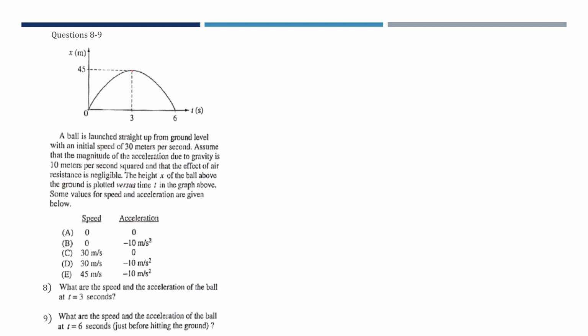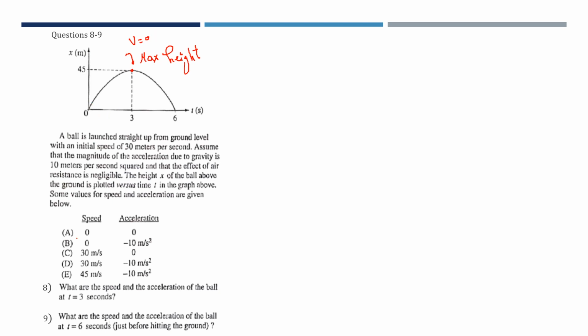At t equals 3 seconds, it's very clear that this is the maximum height. And as we have said before, at maximum height, velocity always equals 0. What about the acceleration due to gravity? It's constant at every point.